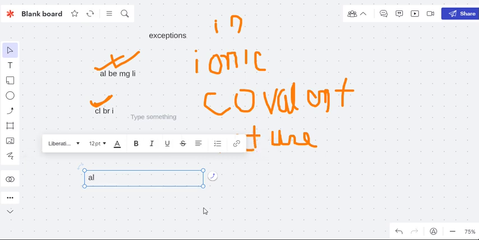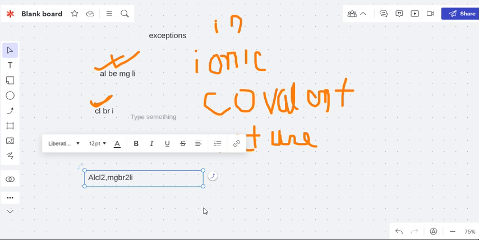For example, aluminum chloride, magnesium bromide, lithium iodide.